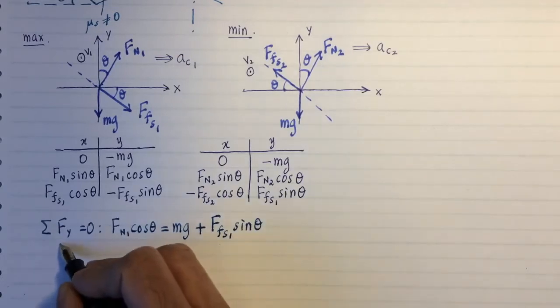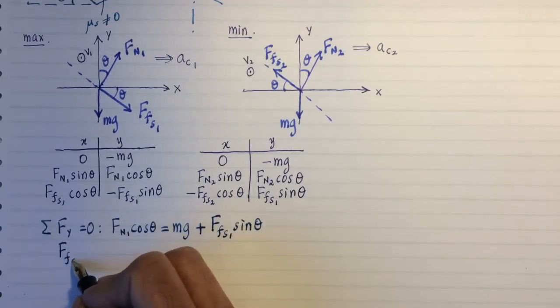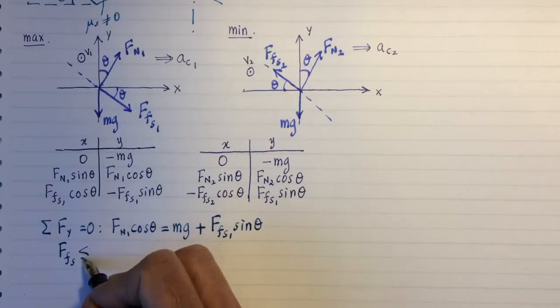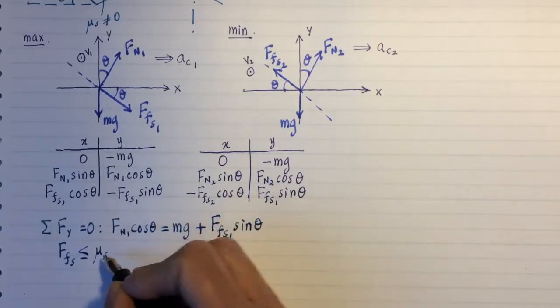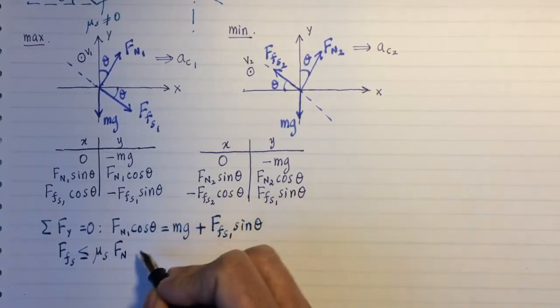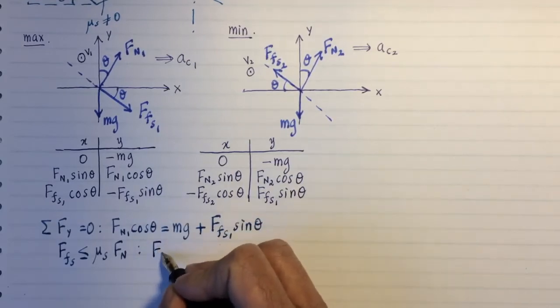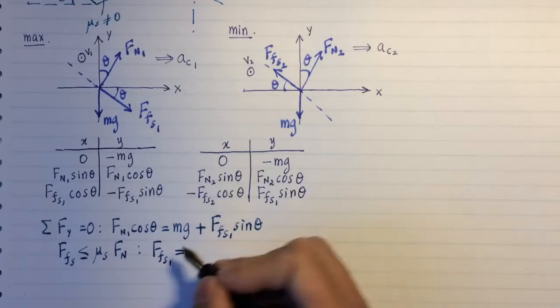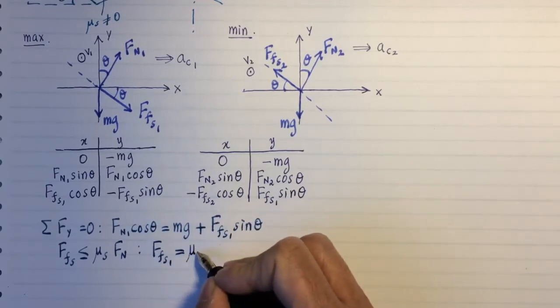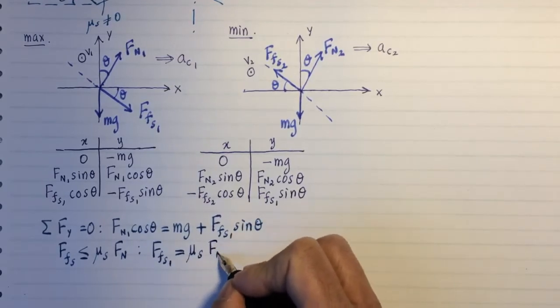Now, the force of static friction is normally written as less than or equal to mu static times the normal force. But here, we're considering the case of about to slip, the maximum case. So I'm going to get F_fs1 is equal to mu_s times Fn.